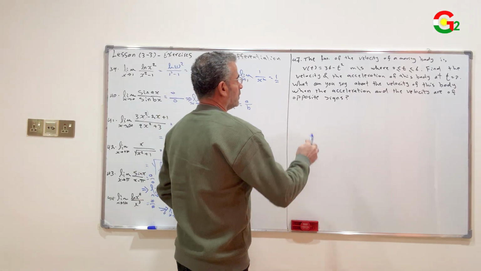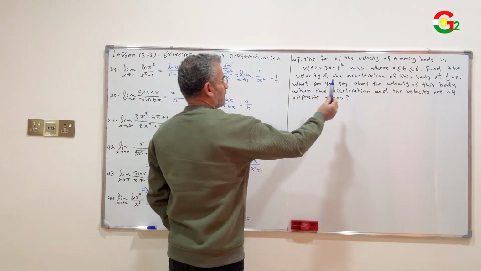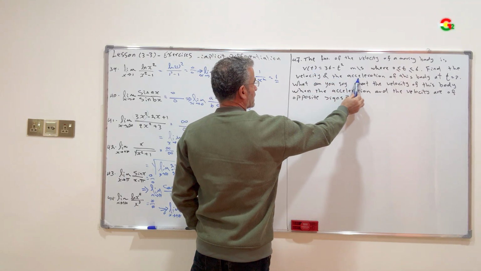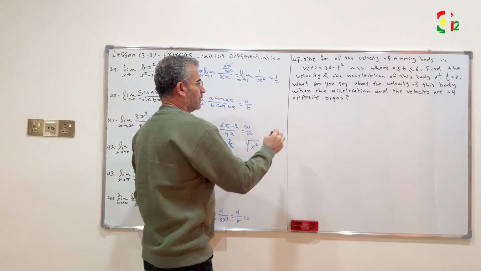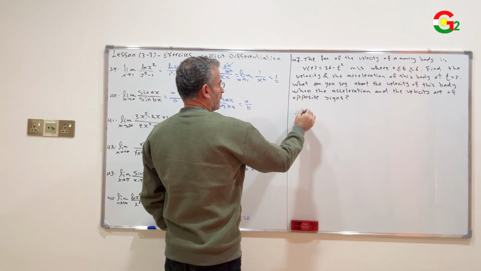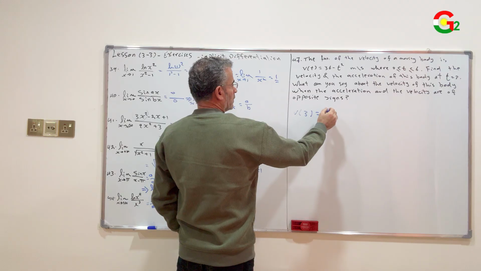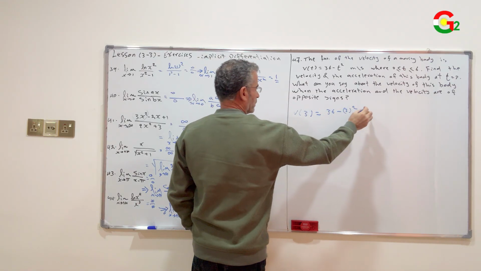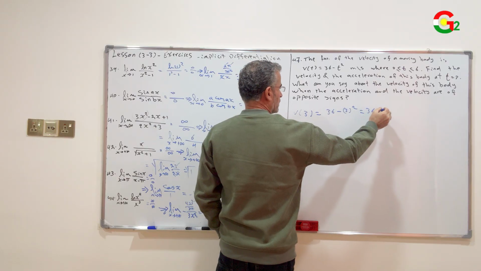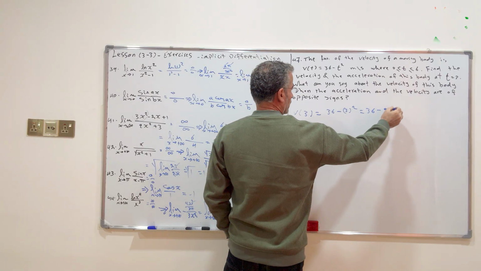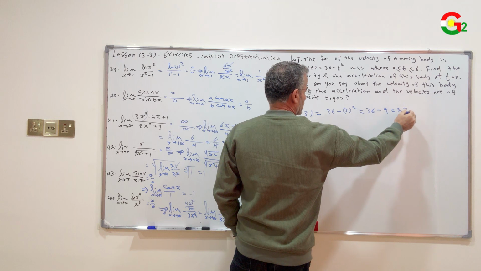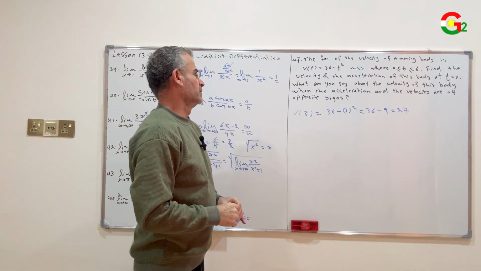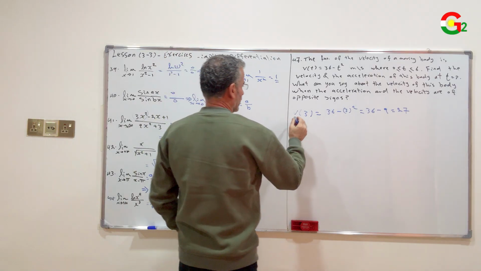As you know, the derivative of the velocity function give you the acceleration function. Then v of 3 equal to 36 minus 3 square equal to 36 minus 9 equal to 27. This is the velocity of this body at t equal 3.